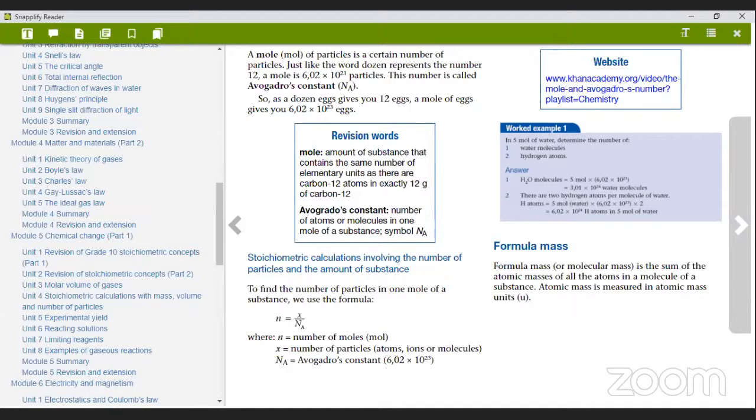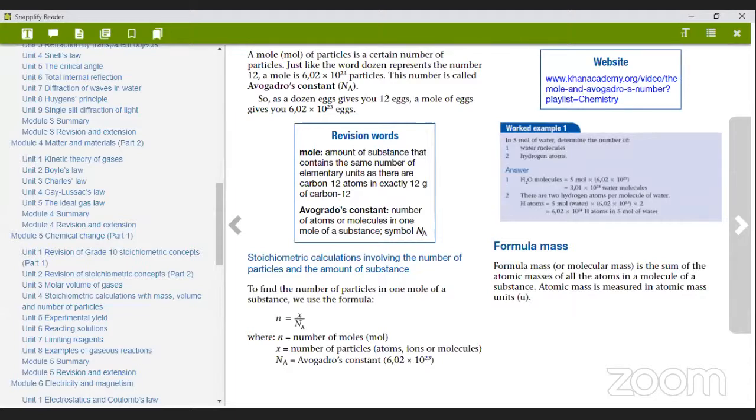And stoichiometric calculations involving the number of particles and the amount of substance. So we can use this to find the number of particles. What does that mean? It means that when you look for the number of moles, you can use X, which is usually the given amount.